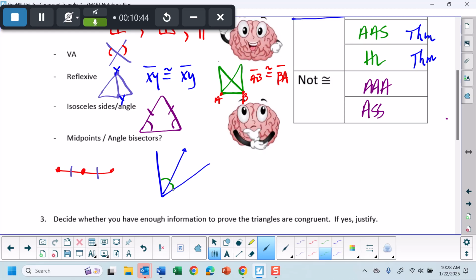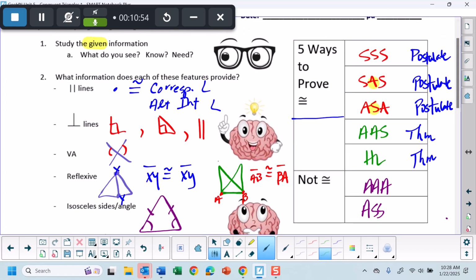So if you're told it's a midpoint, if you're told it's a bisector, that's information that gives you one of these pieces. Every time you approach a proof, you're looking for 3 sides, 2 sides included angle, 2 angles included side, or any 2 angles and a side, or a hypotenuse leg story.